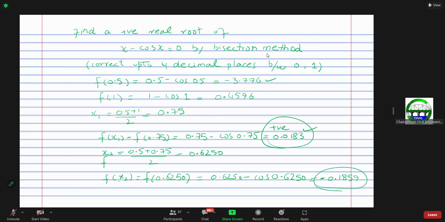So our root will lie between 0.75 and 0.6250. So x3 will be equal to 0.6250 plus 0.75 divided by 2, which is 0.6875.